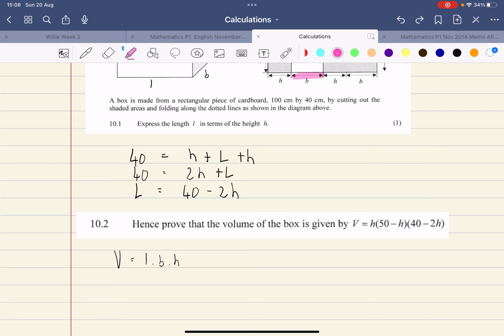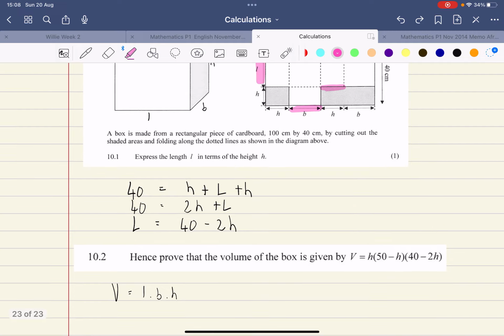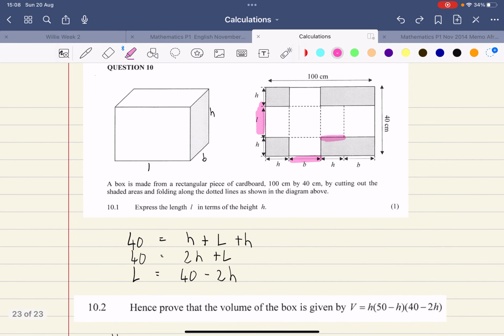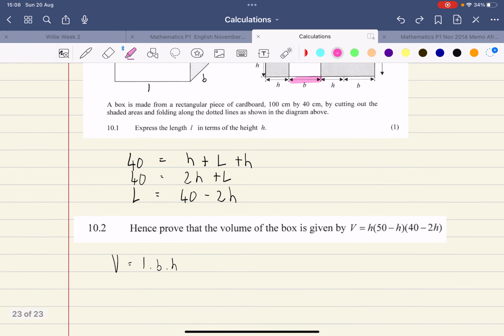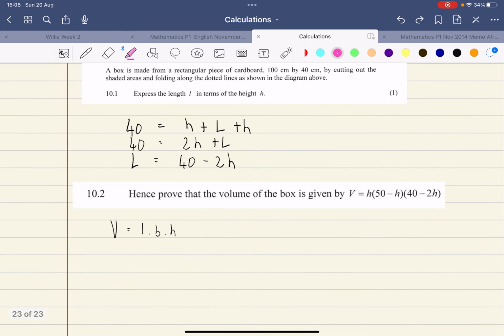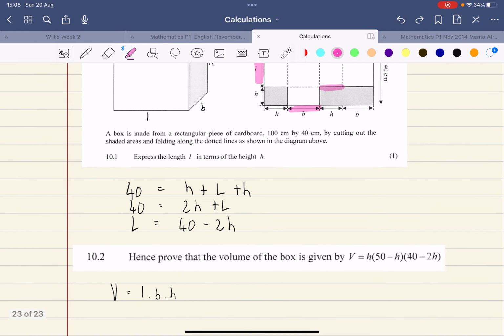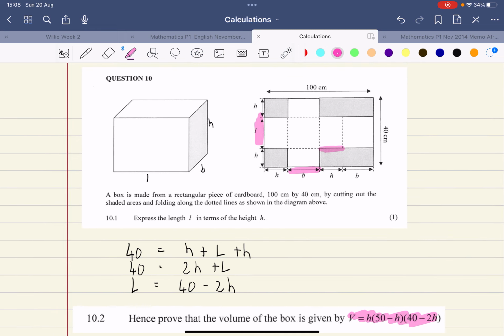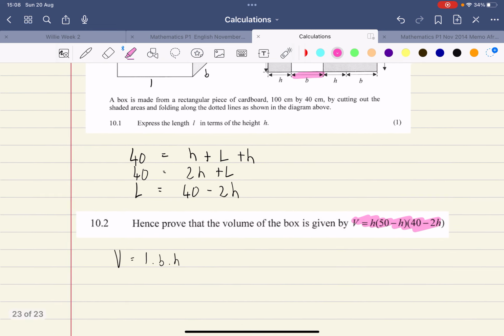And that makes sense. When you want to calculate something, you'd want to display the answer or create an expression for the answer in as minimal variables as possible. And if you can, pick one and stick to that one. And in this example, we can find the volume of this box for any H. So let's say our H was 2, 3, 4.